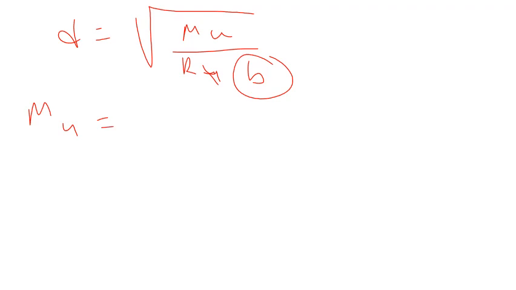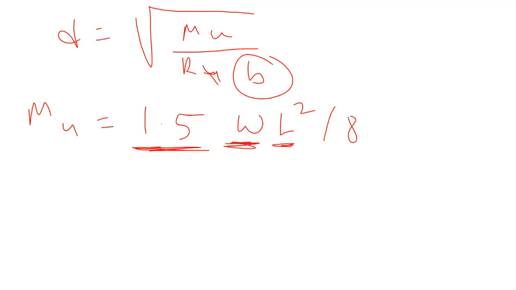Mu is equal to 1.5 W L square by 8. So this is the load factor, this is the total uniform load, L is the span, and this is divided by 8. This is for a simply supported beam, and this formula works well. So plug in the values.